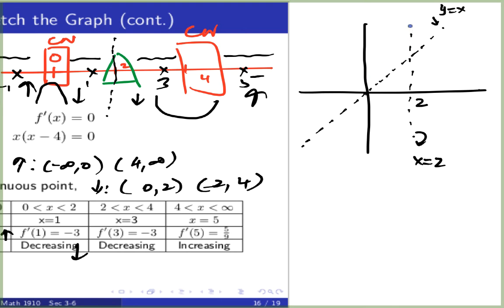The graph can be either in this whole part or in this part. Let me use blue here. So the graph can be here, or it can be in these little circles.